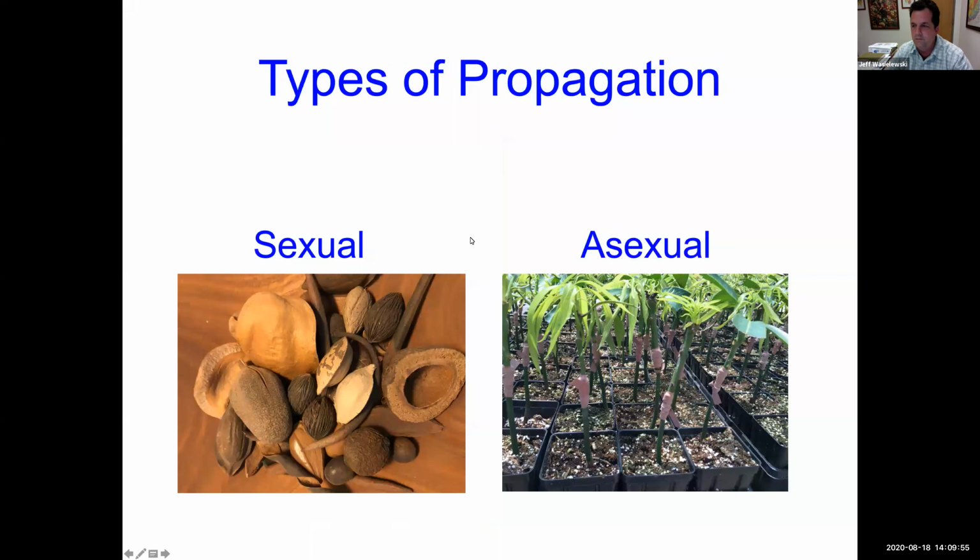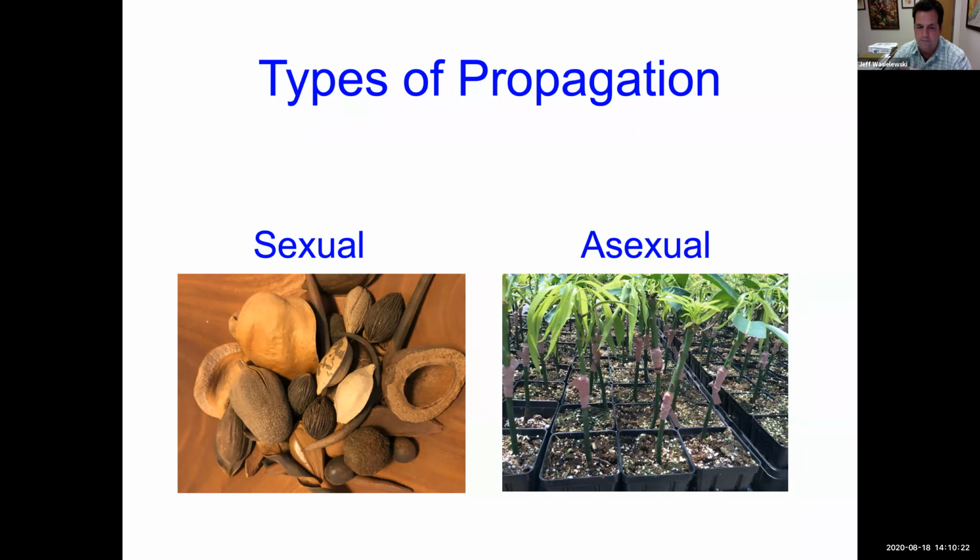Okay, we're going to divide propagation into two types, sexual and asexual. Sexual is by seed. That's what we're going to talk about today, and it has certain characteristics. Asexual is grafting, and you see the picture here on the right. These are grafted mangoes. Air layers, cuttings, division, that's all asexual.